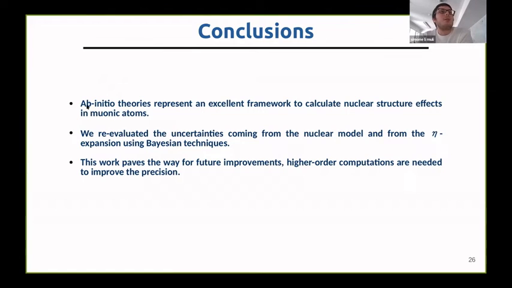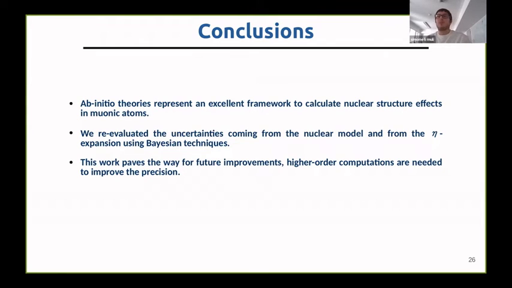So we talked about ab initio theories, and I hope I've shown you that they represent an excellent framework to calculate nuclear structure effects in muonic atoms. We reevaluated the uncertainties coming from the nuclear model and from that expansion using Bayesian techniques. We didn't really succeed for the moment in reducing the current uncertainties, but this work really paves the way for future improvements.